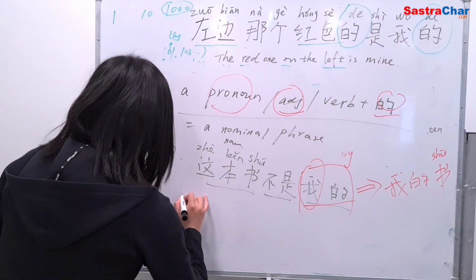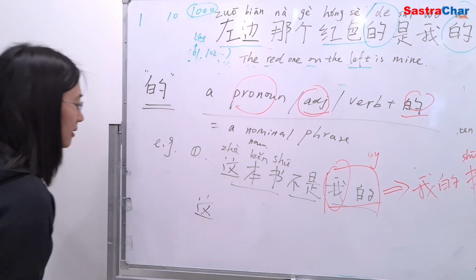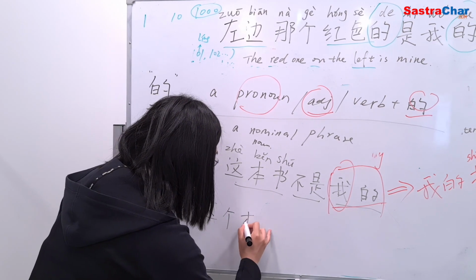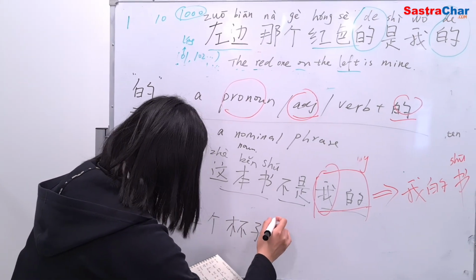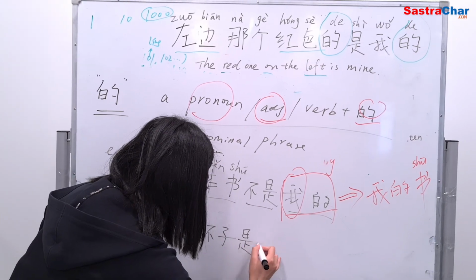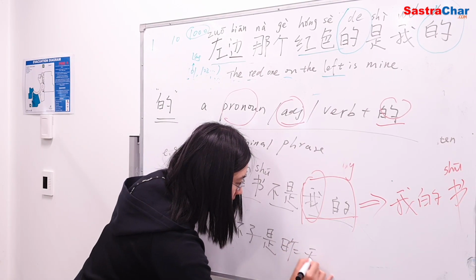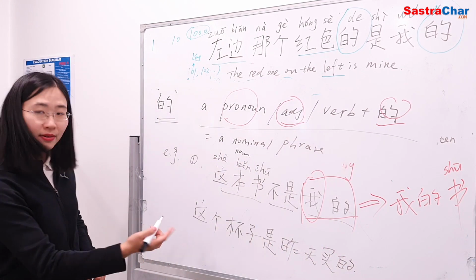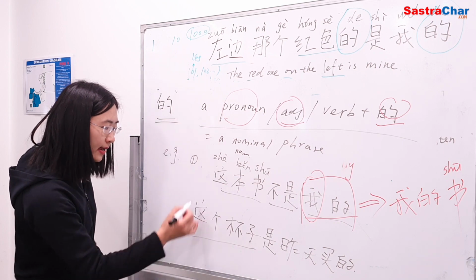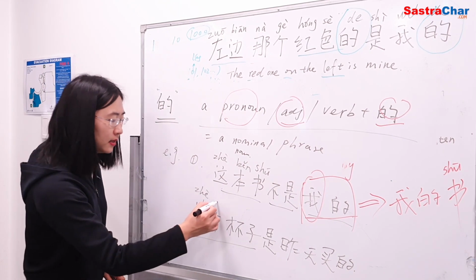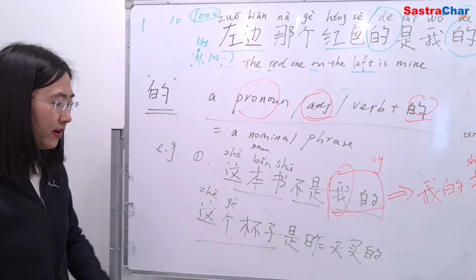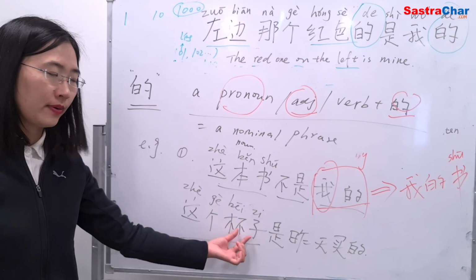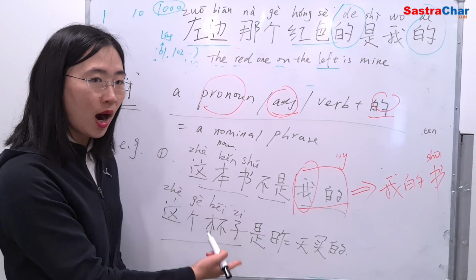Okay, next sentence. This cup was bought yesterday. So you can see this sentence. This cup, 这个杯子. 这 is this, 个 is the quantifier, 杯子 is the word for cup. 是 is am, are or was.